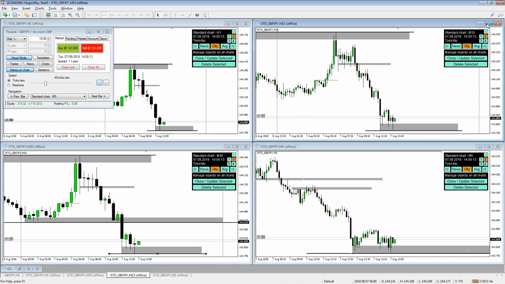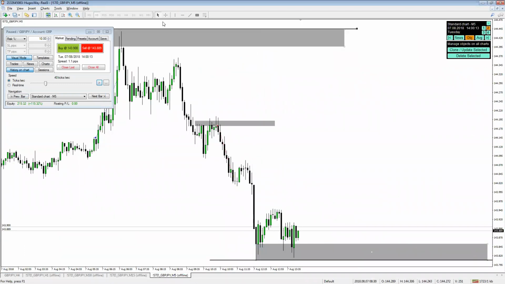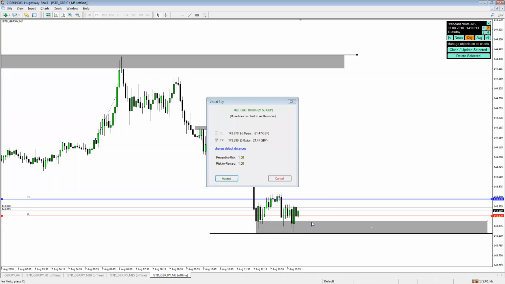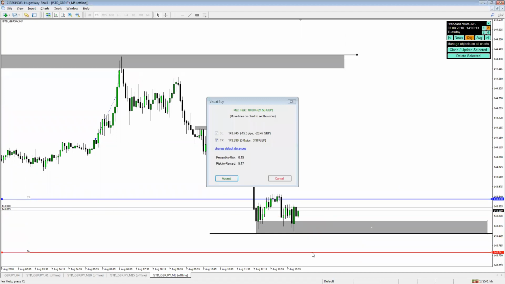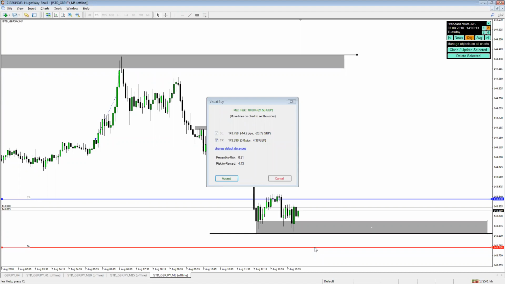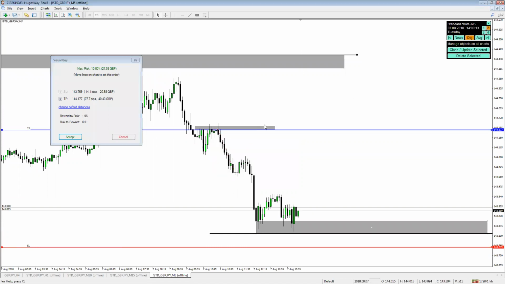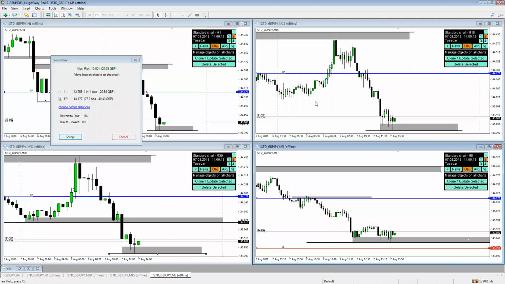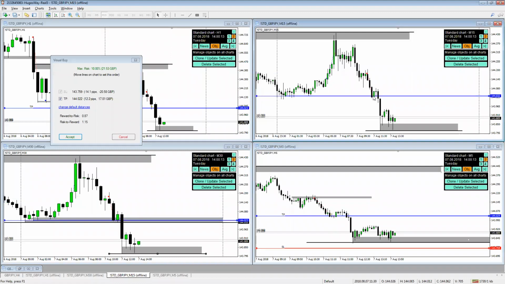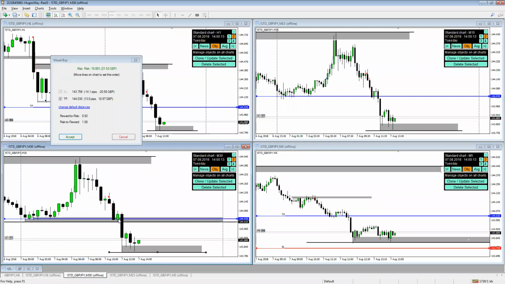I'm gonna take a buy right here. Yeah, big TP. Too big for London close. Yeah. Right on this zone.